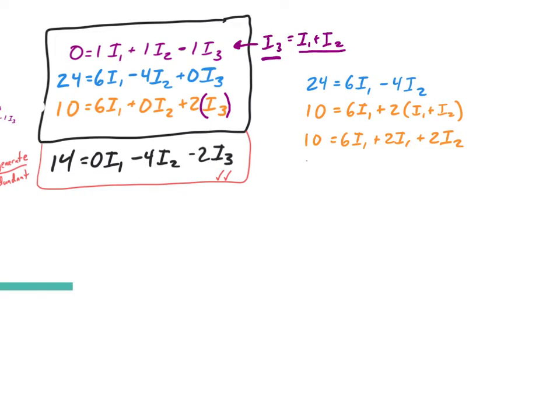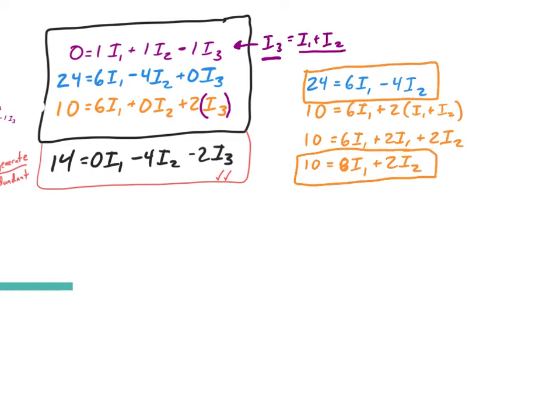Combining like terms gives me 10 is equal to 8I1 plus 2I2. Now I have this equation here and this equation here. 2 equations, 2 unknowns. Let's see if I can simplify this. I'm going to simplify both of these equations.